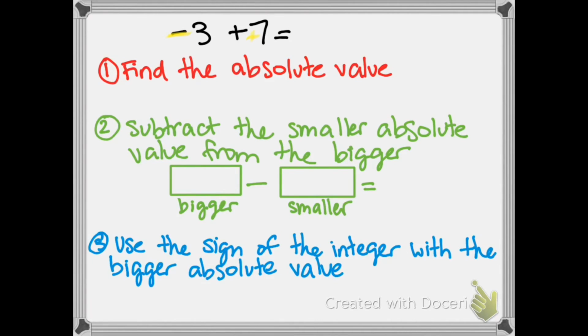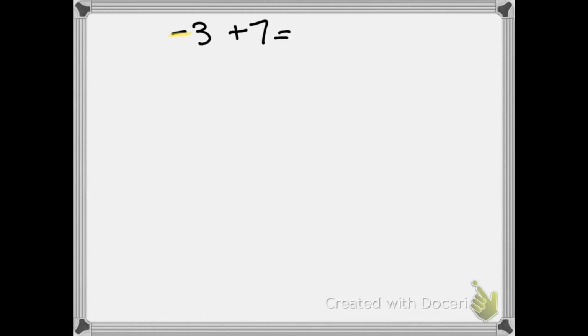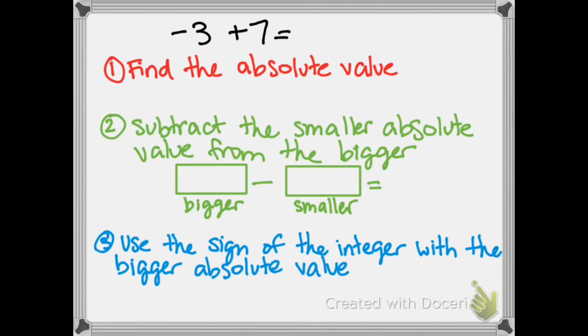So I'm going to find the absolute value of negative 3, which is 3. And then I'm going to find the absolute value of 7, which is 7.